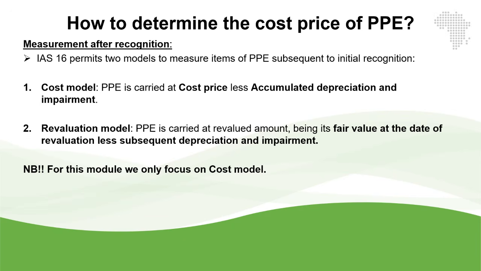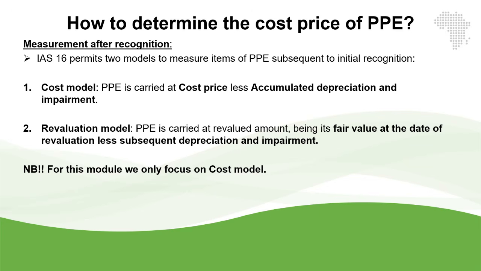Number 2, another model that is used after the initial recognition, is the revaluation model. So here the PPE, the property, plant and equipment, will be carried at revalued amount, being its fair value at the date of revaluation less subsequent depreciation and impairment.